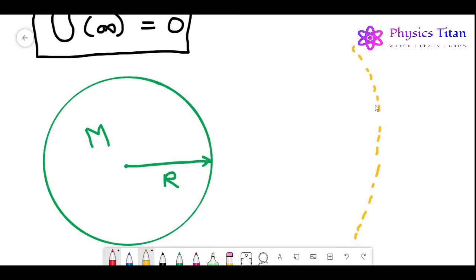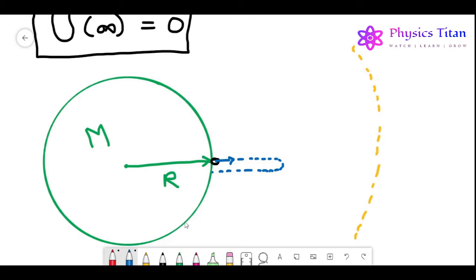That is, this line is at infinity from this planet. Now let us assume there is an object lying on the surface of this planet. If we throw this object with some speed, what will happen? It will go further away and eventually it falls back to the surface of this planet.